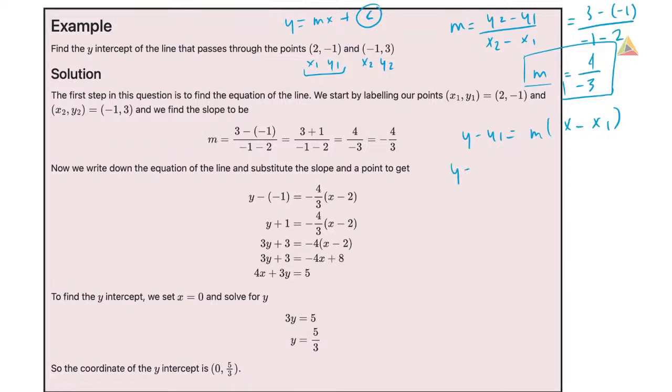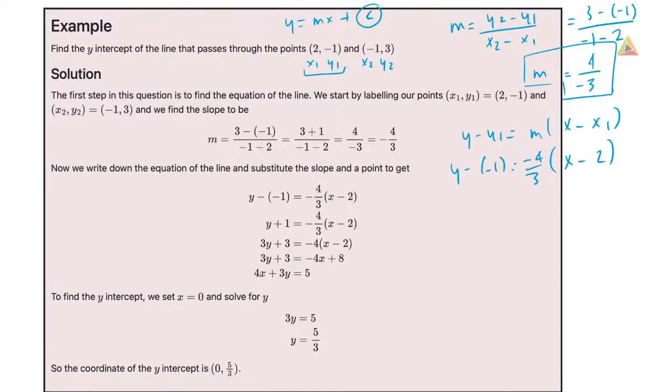So y minus y1, y1 in this case is minus 1, is equal to m, which is minus 4 over 3, by x minus x1, which is 2 in this case.